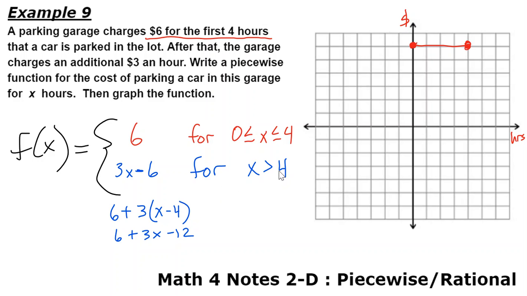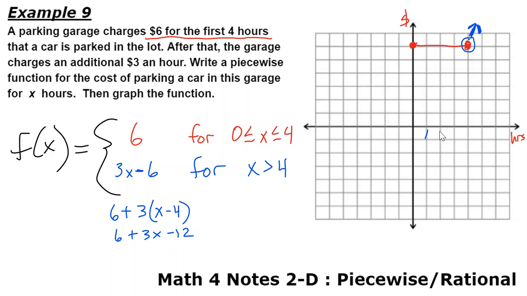And then in this case, if I plug in a 4 there, 3 times 4 is 12. 12 minus 6 is 6. So it is going to be an open circle here. But at this point, I'm going up 3 and over 1, which means I'm going up in that direction. And so that is roughly what my graph should look like.